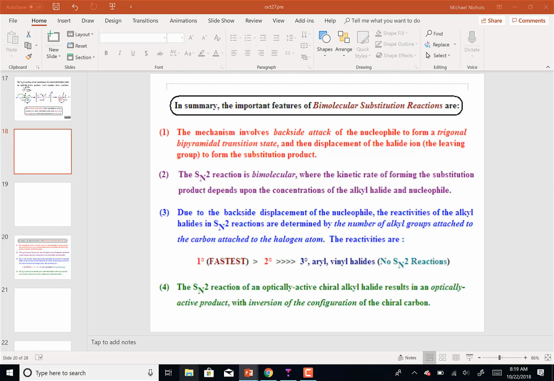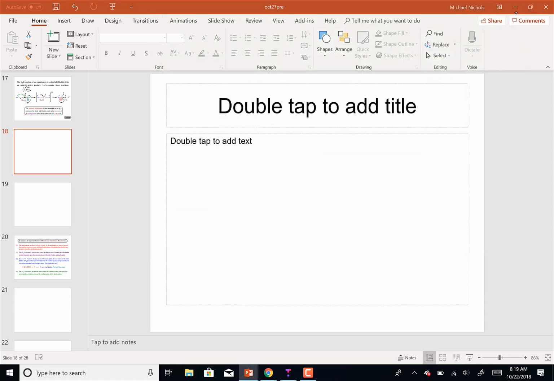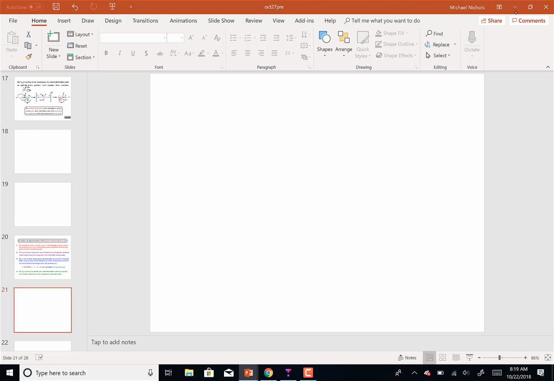So let's write a mechanism. All right, so as far as writing a mechanism goes, let's say that I want to write the mechanism of hydroxide reacting with 1-bromobutane.